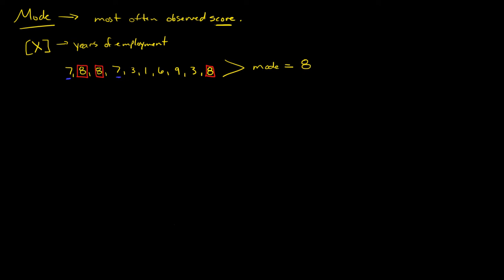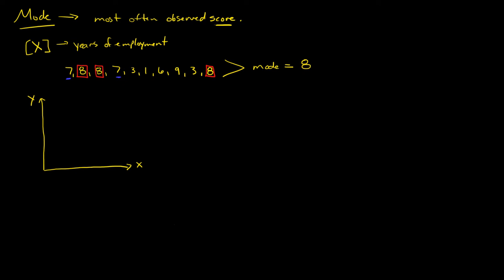Okay, let's just back up and make sure we understand what this might look like from the perspective of if we graphed it. So if we did a really crude graph here, this would just be a simple frequency graph. So here's my x-axis, here's my y-axis.